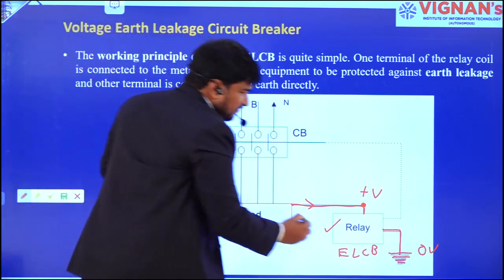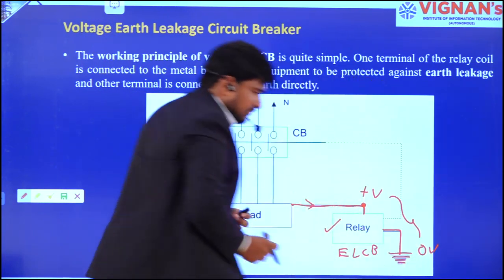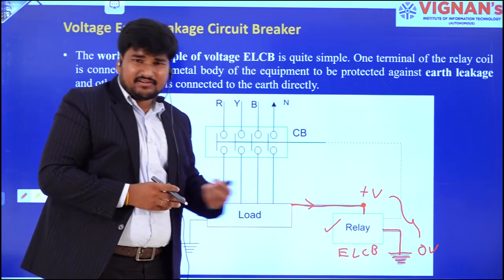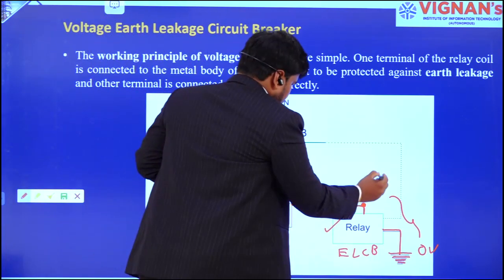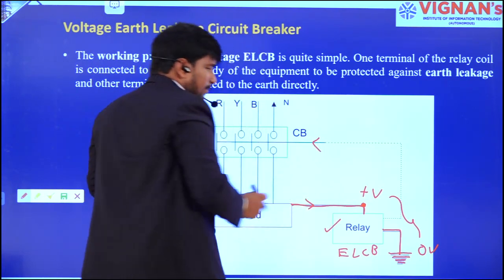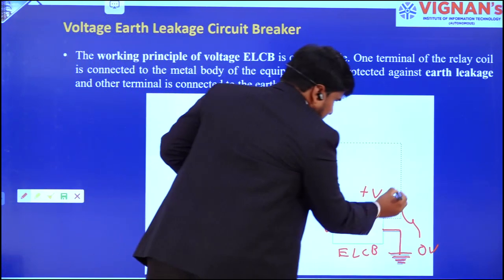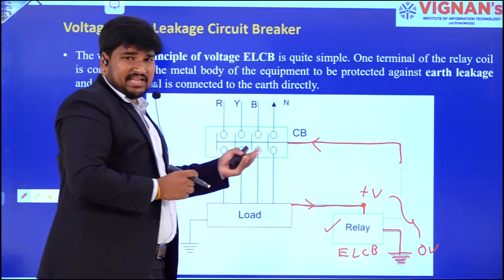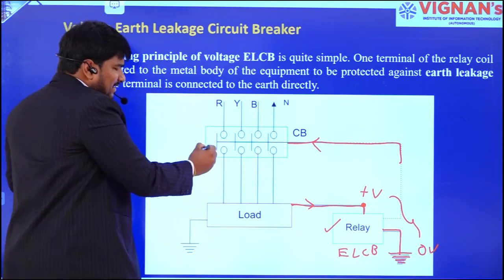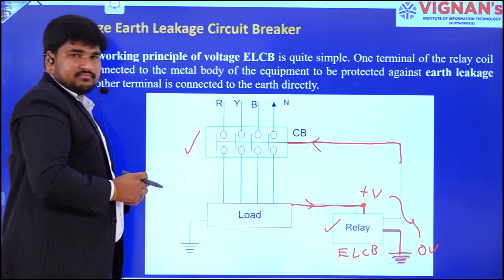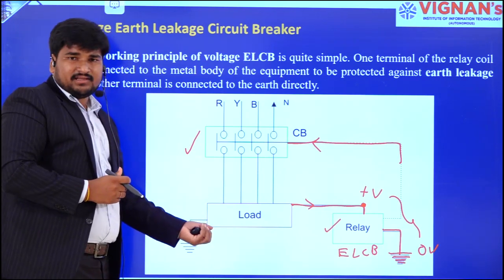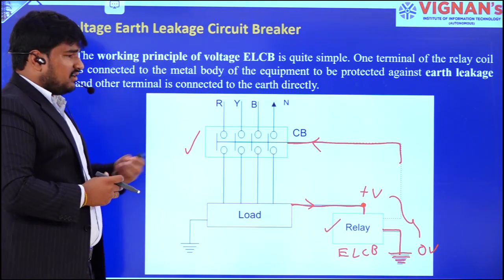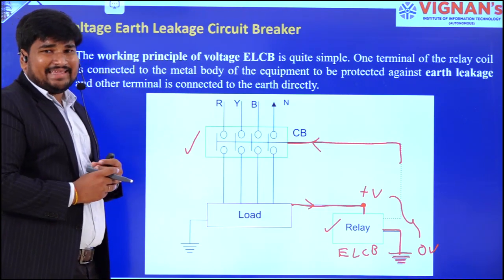So because of this potential difference, the relay will generate a tripping signal to the circuit breaker. The circuit breaker will operate and open circuit the supply which is going to the load. So this is the principle of ELCB.